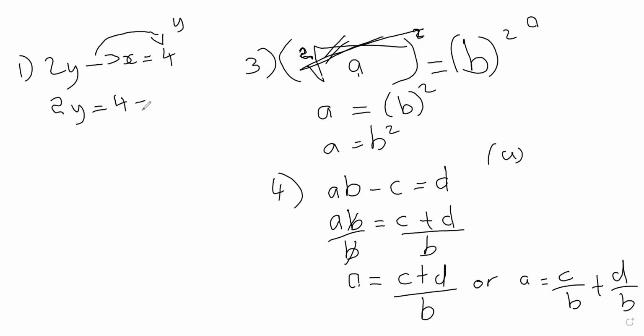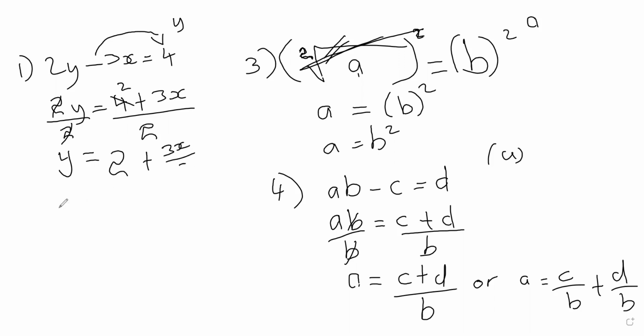So you have 4 plus 3x. So in order for you to make y the subject of the formula, you have to divide both sides by 2, and then that cancels that. And then you have y is equal to 2, because 2 cancels 4 which is 2 times, so it will be 2 plus 3x over 2.